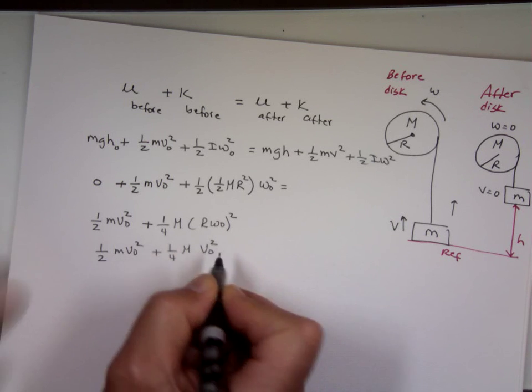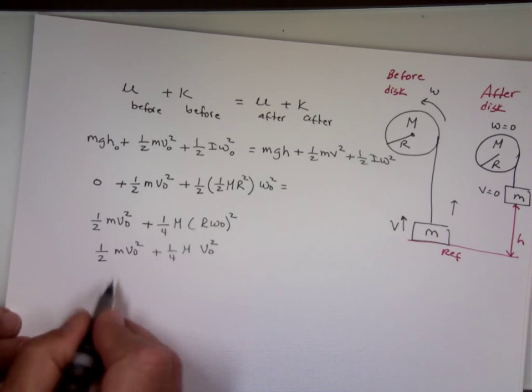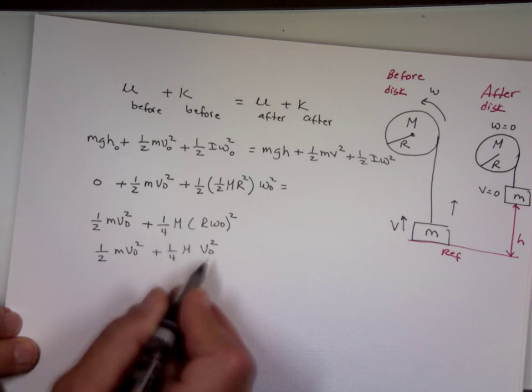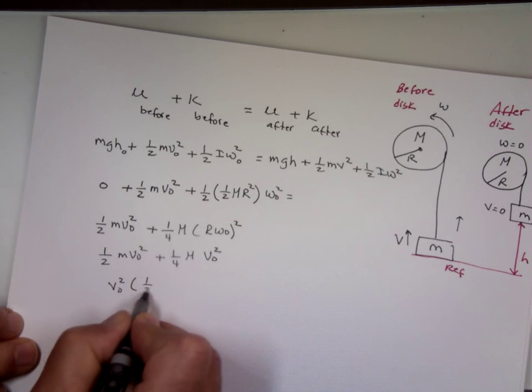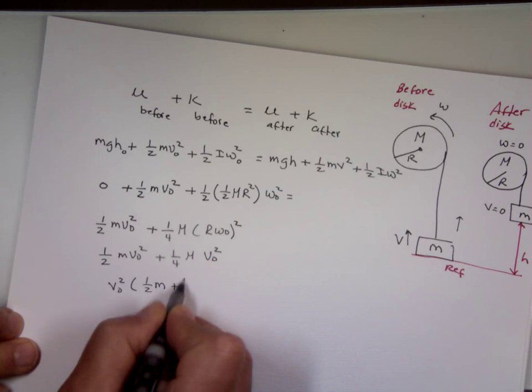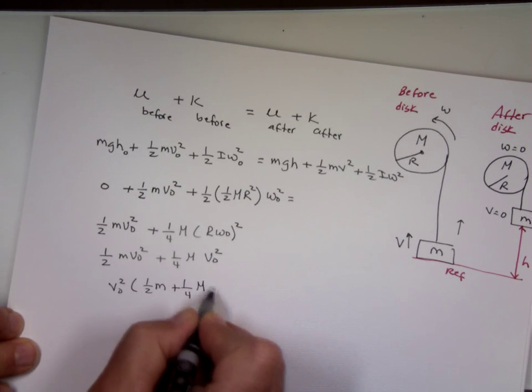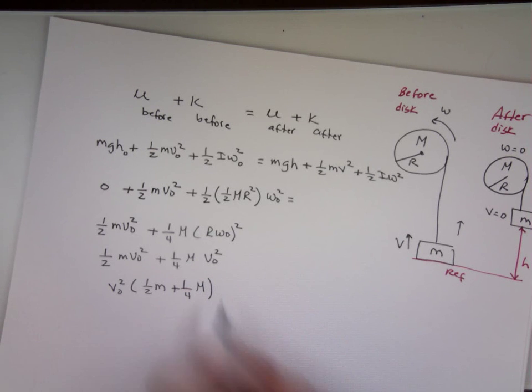So if you factor v squared out, you have what? 1/2 m plus 1/4 capital M, if you want to factor that out.